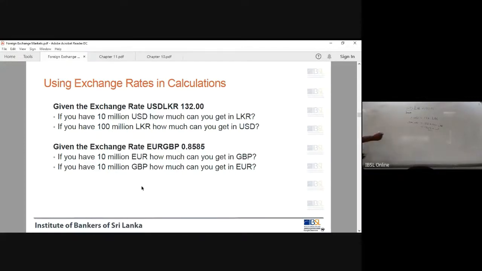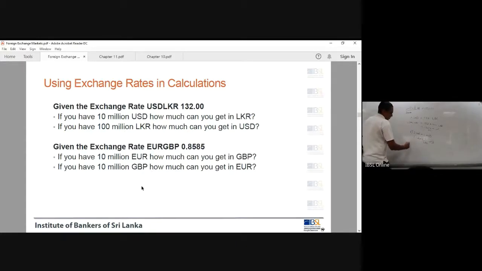So if you had 132 rupees, it would have bought you $1 US. So 1 rupee would have bought you 1 over 132 US dollars.